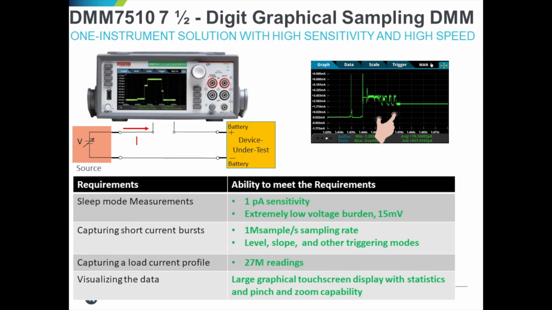The DMM7510 also has capacitive touchscreen capability, so you can see everything on a large display with pinch and zoom capability for detailed analysis without having the need to use a separate PC.